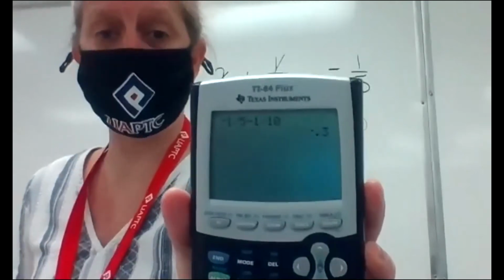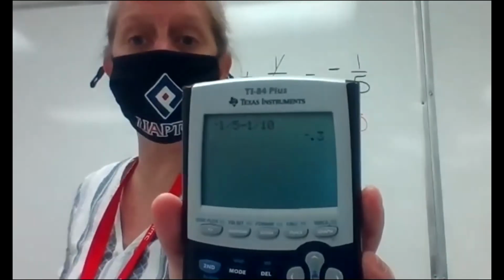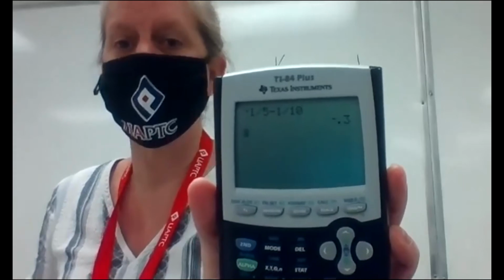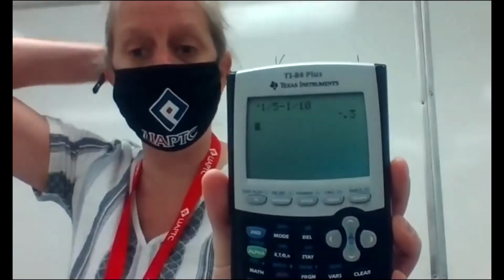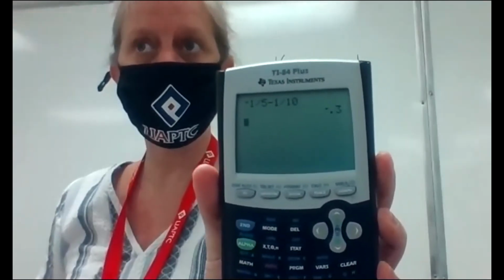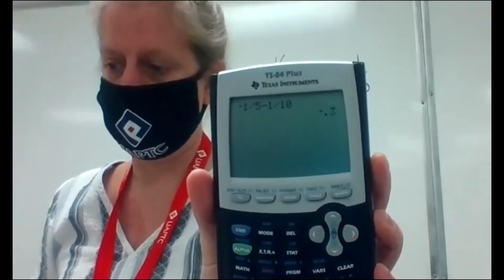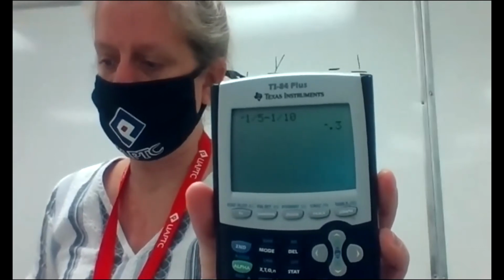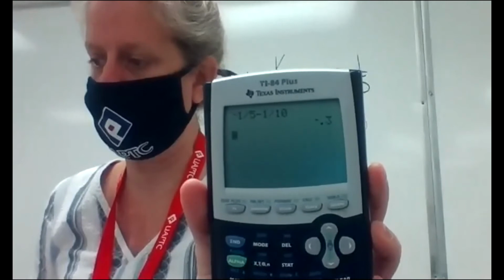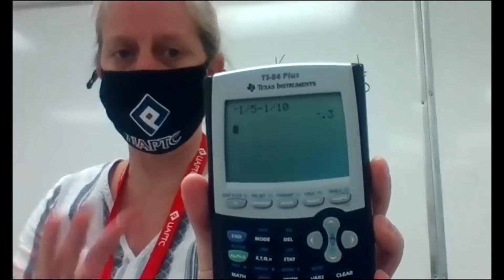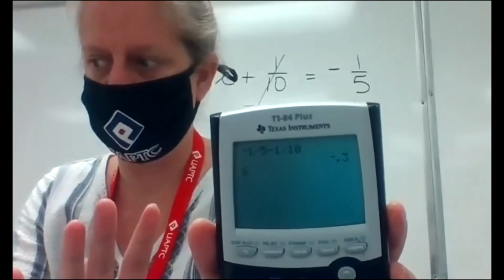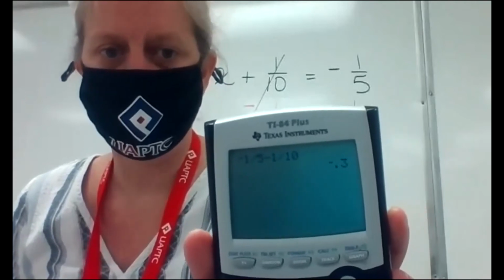Now, if you get a decimal, which a lot of times you will when you're adding and subtracting fractions, MyMathLab does not want the decimal answer. Okay? A lot of times it'll even tell you to simplify your answer, type an integer, which means a number that's not a fraction, or a fraction.